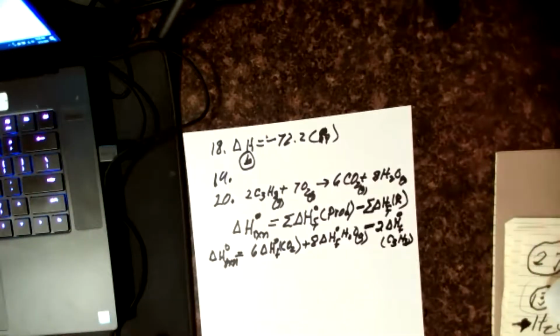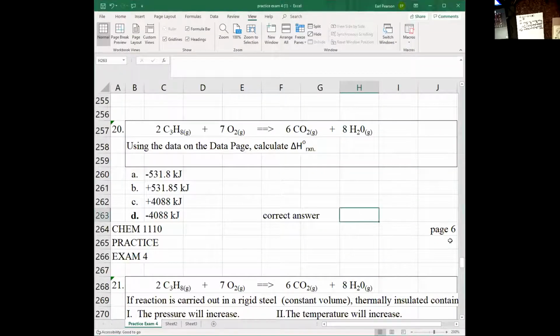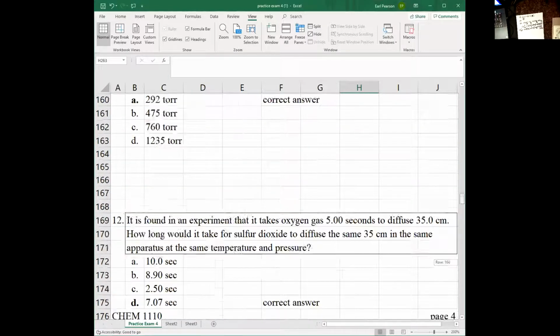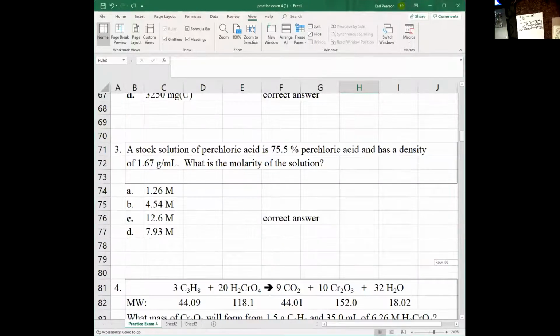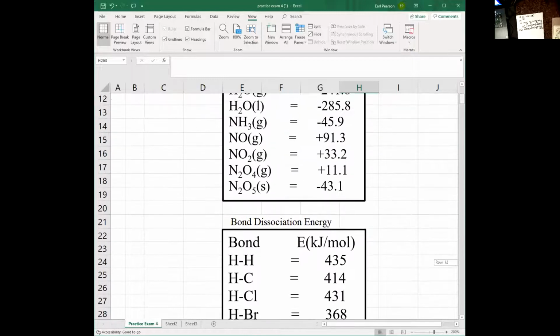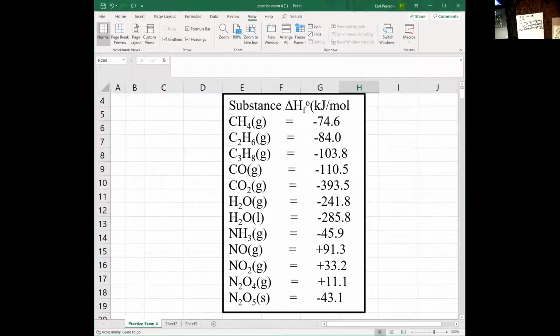So let's see, I need to go back over here so you can go with me to the heats of formation table. Where was it? Was it at the beginning? Yeah, here we go. So I want 6 times the heat of formation of CO2.